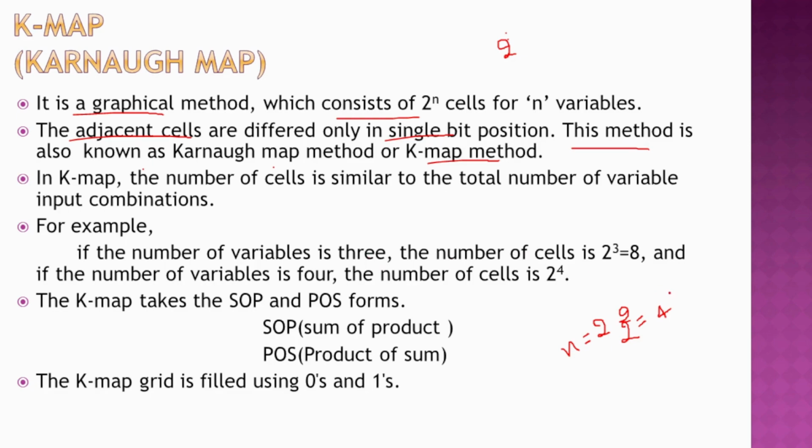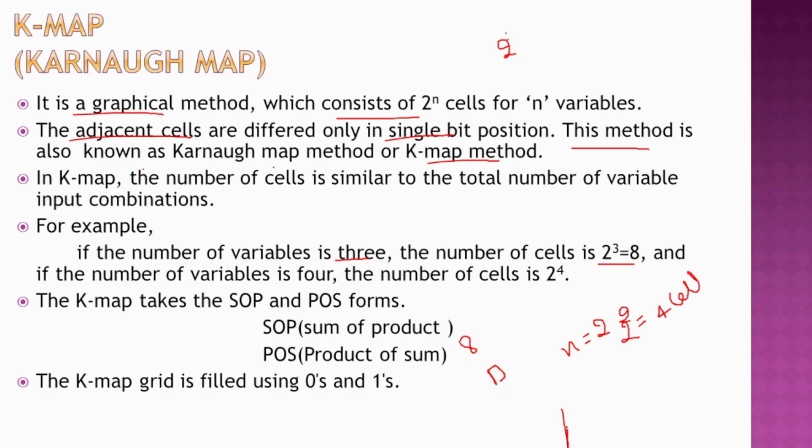So the number of cells in the K-map is 4. With 4 cells you have to do the grouping method. If you have 3 variables, represent it as 2 to the power of 3, which is 8. It means you will have 8 cells in the K-map. This is called a cell, right?